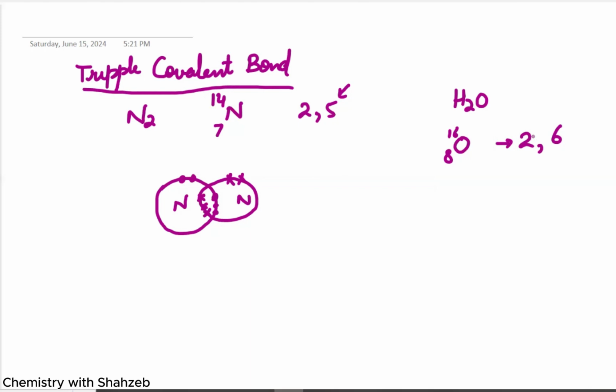As oxygen has 6 electrons in its outermost shell, it needs 2 more electrons, so it is going to make a single covalent bond with 2 hydrogen atoms. This is oxygen, and this represents its electrons. 2 electrons come here, 2 electrons come here, 1 electron comes here.